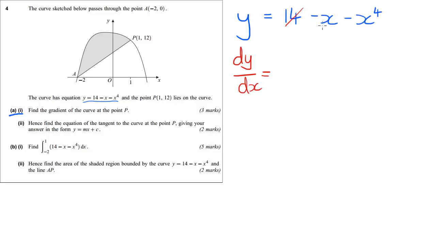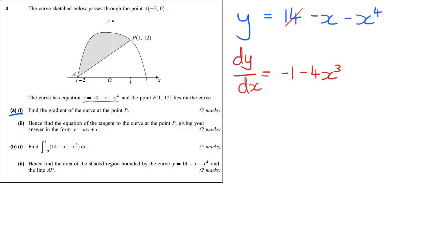We're going to get this minus 1x to the power of 1. So we're going to get a minus 1 here because we take 1 from the power, and minus 1 remains. And then we get minus 1 times by 4, so we're going to get minus 4x, and then drop this power by 1, take away 1 from it, and we get a cubed there.